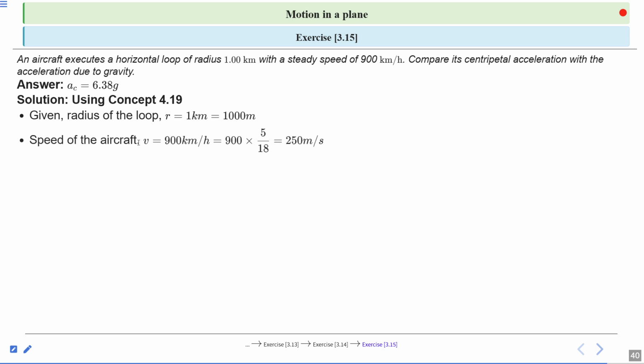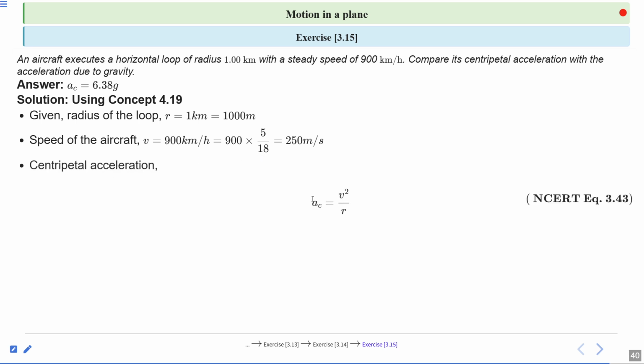And speed of the aircraft v is equal to 900 kilometer per hour. When we convert kilometer per hour into meter per second, just multiply with 5 by 18. This is the shortest method to convert kilometer per hour into meter per second.